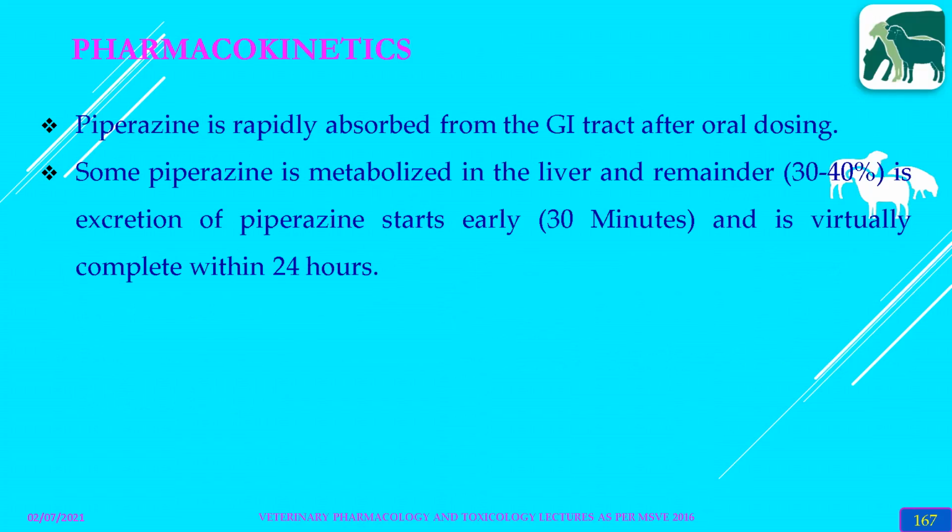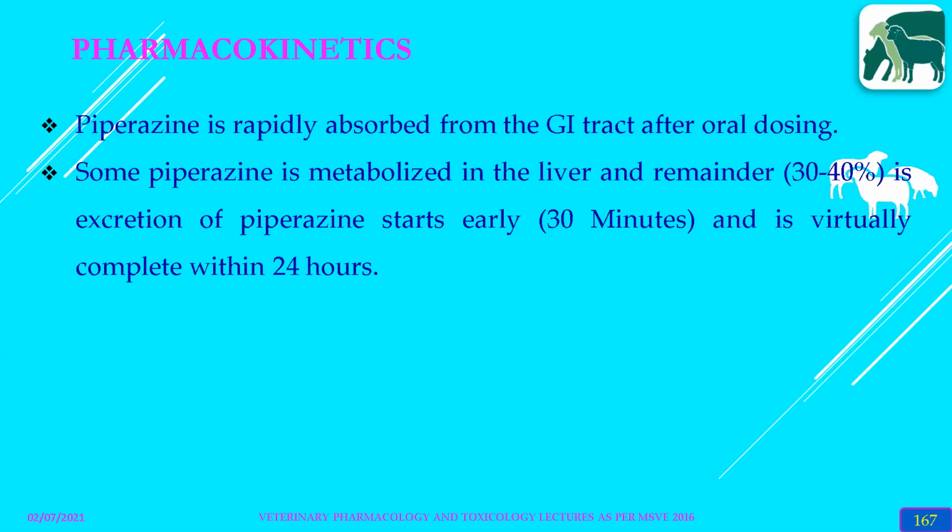Coming to the kinetics, piperazine is a water-soluble salt, and it is absorbed from the GI tract after oral dosing. Some piperazine is metabolized in the liver, and the remainder, especially 30 to 40%, is excreted within 30 minutes and is virtually complete within 24 hours.